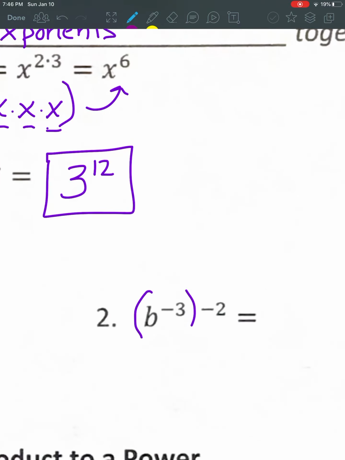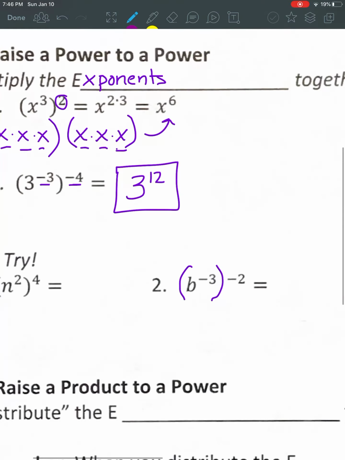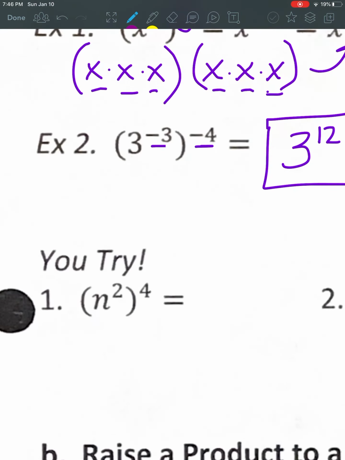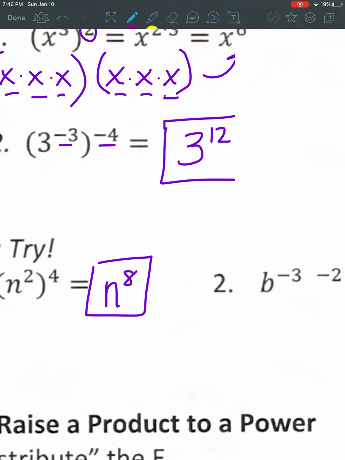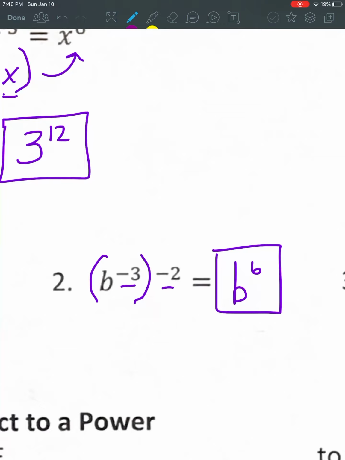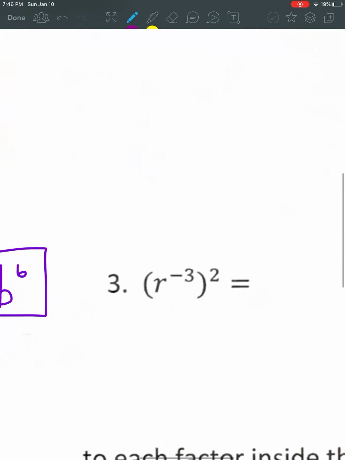Actually, I'm noticing here there's an error because there should be parentheses around that b to the negative 3rd power. Okay? And let's see if we're on the right track. We'd get n to the 8th power. After we multiply powers, we'd get b to the 6th power. It would turn to a positive power because we have a negative 3 times a negative 2.